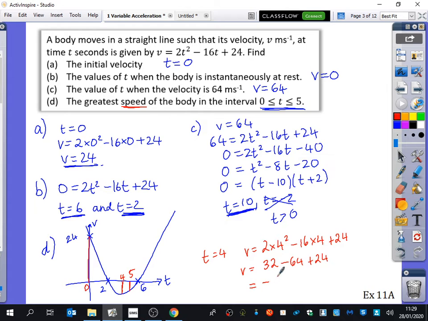Minus 8. Good. So minus 8 is actually only going down to 8. So I'm pretty convinced now that the maximum speed is going to be 24 meters per second. So the maximum speed is 24 meters per second.